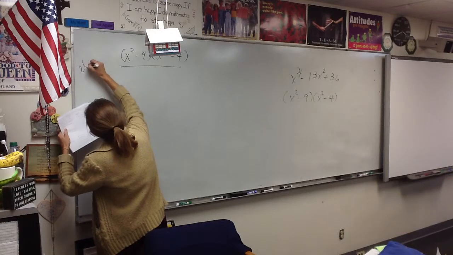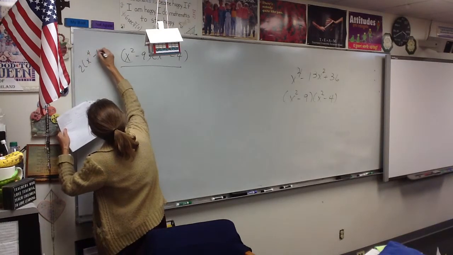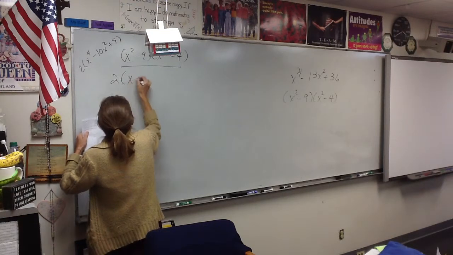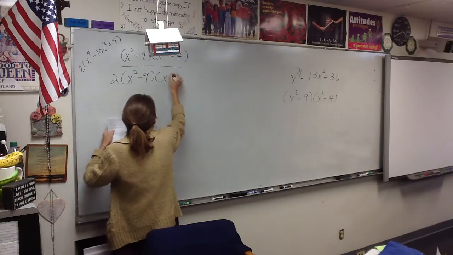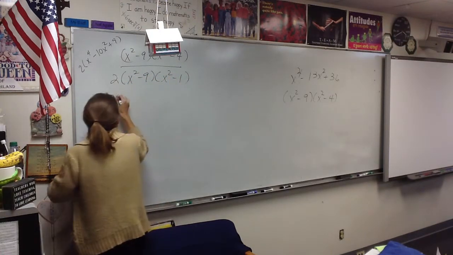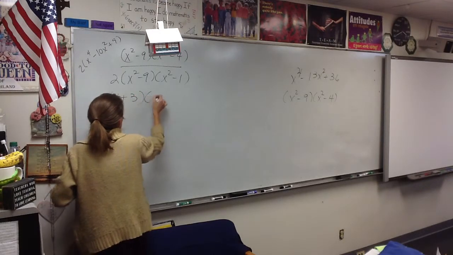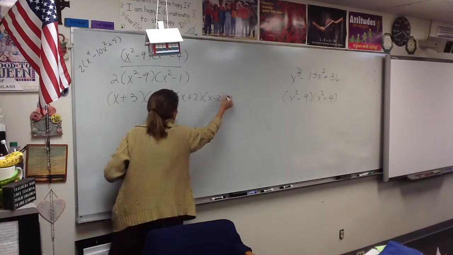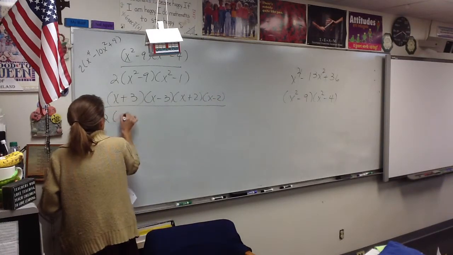This is 4. So would there be a whole x minus 3x plus 3? I got 3, negative 3.